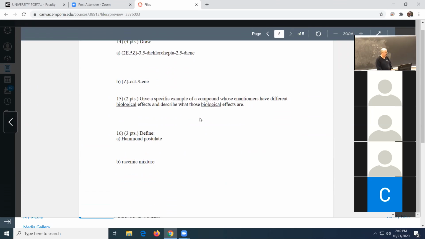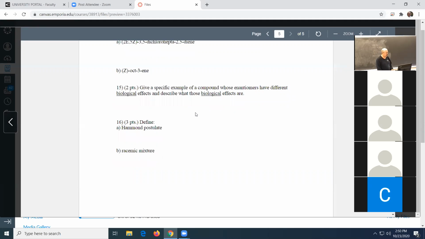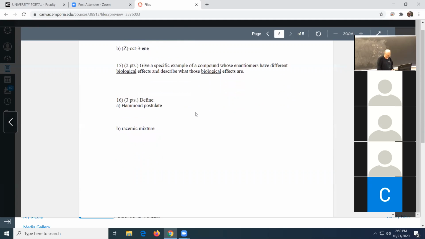Okay, we're running out of time, so I'm going to skip over these nomenclature questions. Number 15, there were many examples of compounds that you could have cited that have different biological effects for their enantiomers. The Hammond postulate says that species that are similar in energy in a reaction diagram are similar in structure.